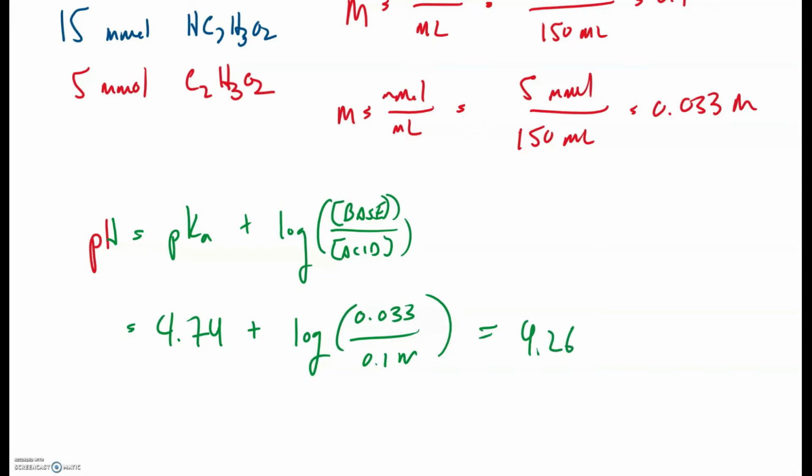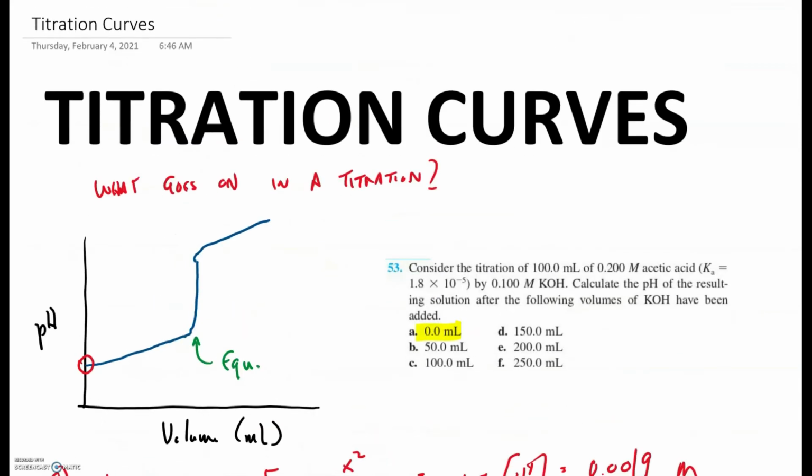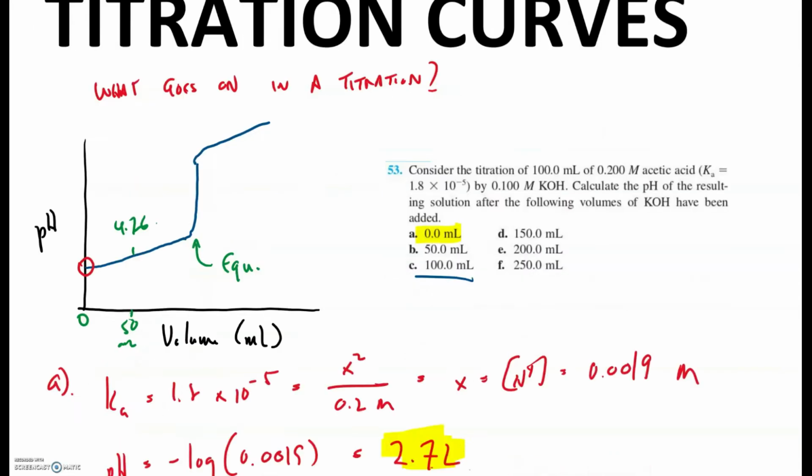And that is right on this curve, right where we expect it. It was 2.72 here at 0. Now that we've added 50 milliliters of our base, now we're at 4.26. Let's try this next one, where we are adding 100 milliliters of base.